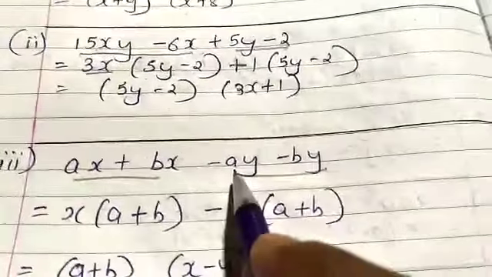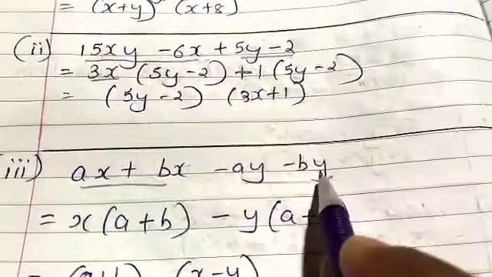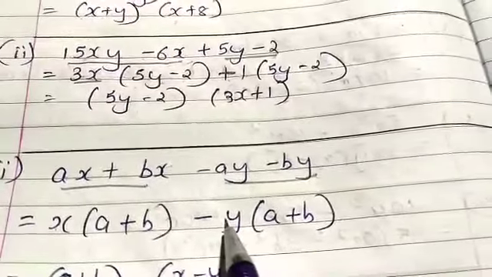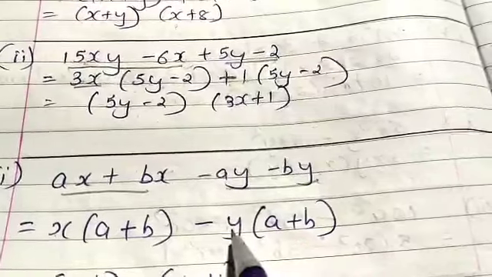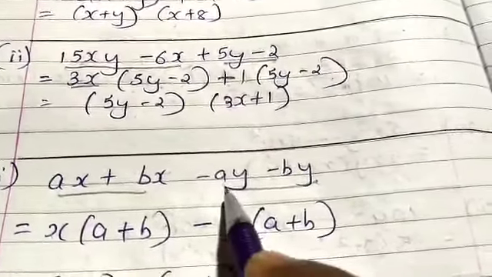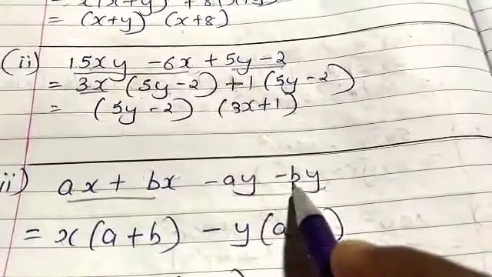Then here what is common? Y. So take out that negative y outside the bracket, negative y, and negative y should be multiplied by what to get ay? The negative y should be multiplied by a, because negative into positive is negative. Then negative y should be multiplied by what to get negative by?